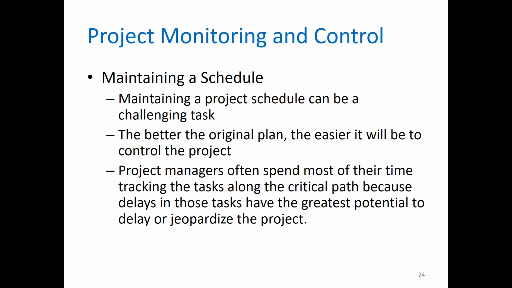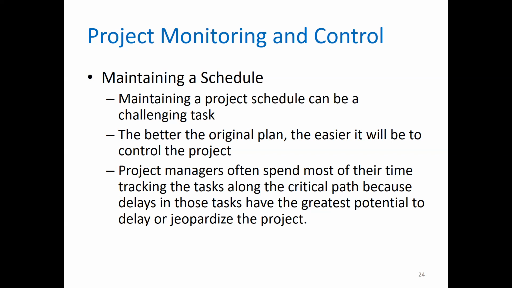When you allocate 12 or 13 days, you are overstating the resources. Just in case of any unforeseen circumstances, you still have time, 2 or 3 days more. If you run out of resources, if you run out of finance, you have additional finance that was created right at the very planning stage. So that's why it says the better the original plan, the easier it will be to control the project.